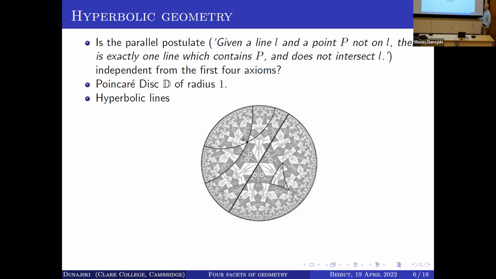Now, I'm representing my disk and my lines on a picture, a graphic by the Dutch graphic artist M.C. Escher, who, like a genius, was able to represent this hyperbolic geometry fairly accurately.